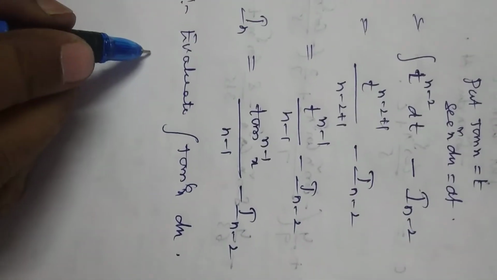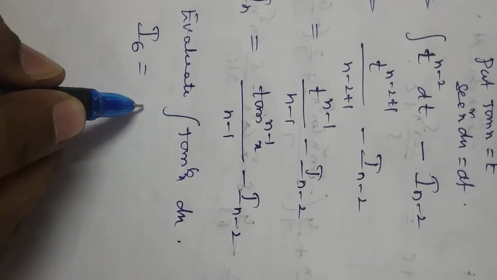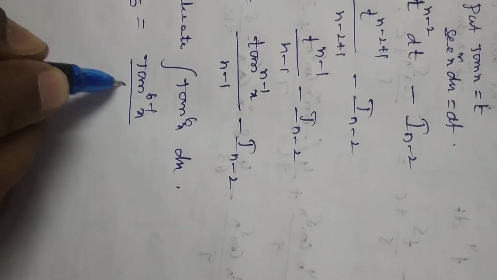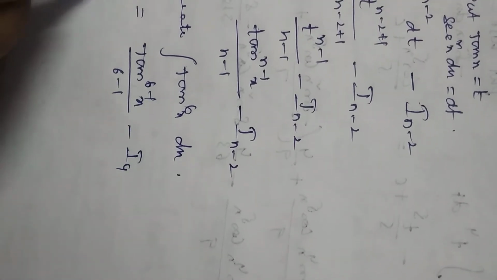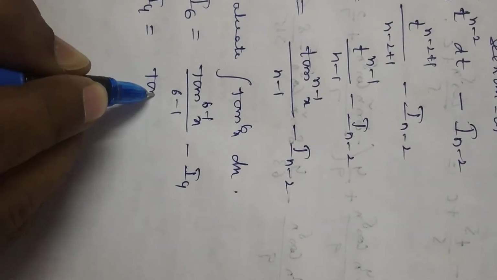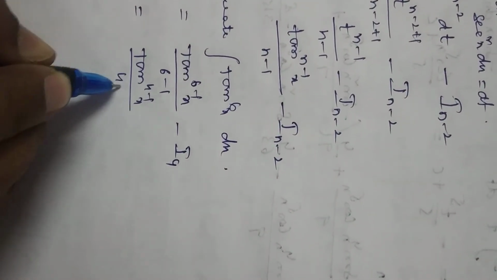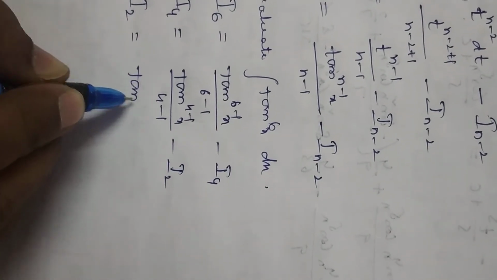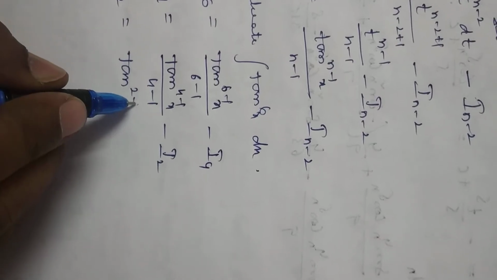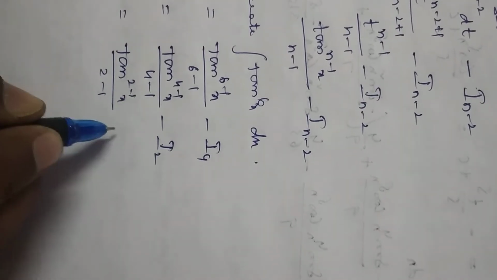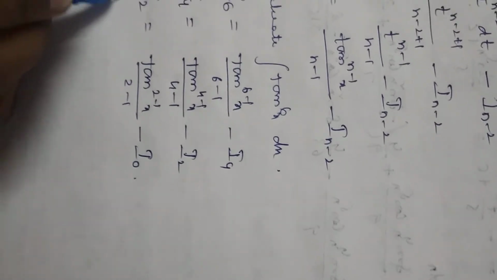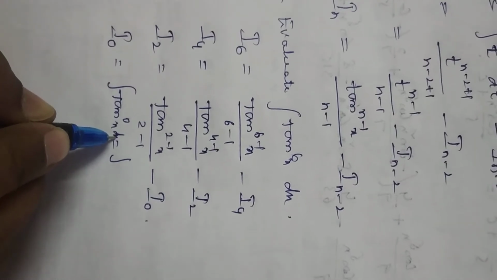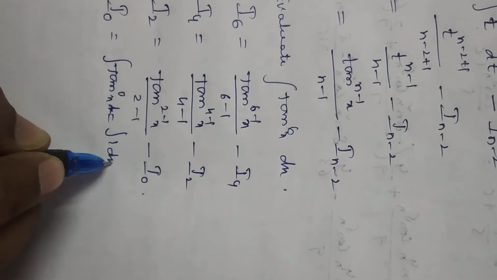So by applying this formula, I_6 we have to find first, which is equal to tan^(6-1) x by 6-1 minus I_4. Again for I_4 we need tan^(4-1) x by 4-1 minus I_2. Next for I_2 we need tan^(2-1) x by 2-1 minus I_0. I_0 is equal to what? The integration of tan^0 x, which is equal to 1 dx, which is equal to x.